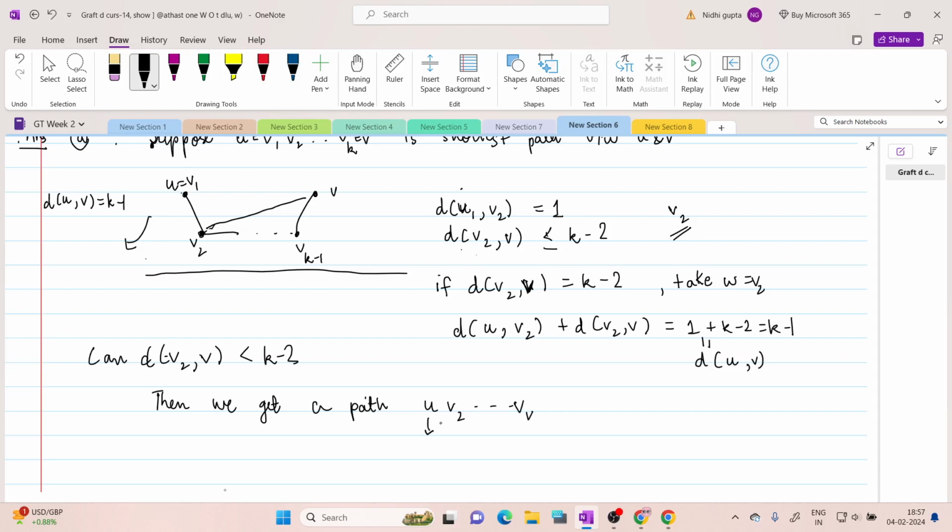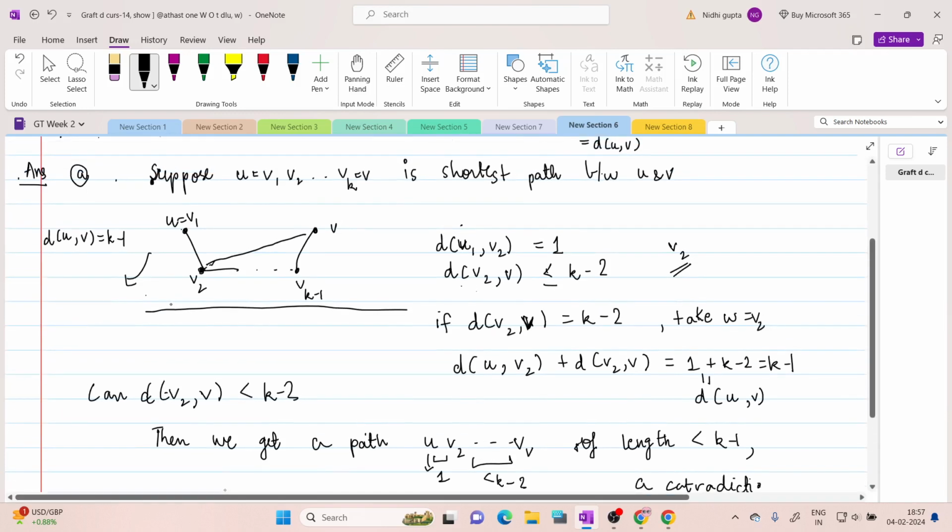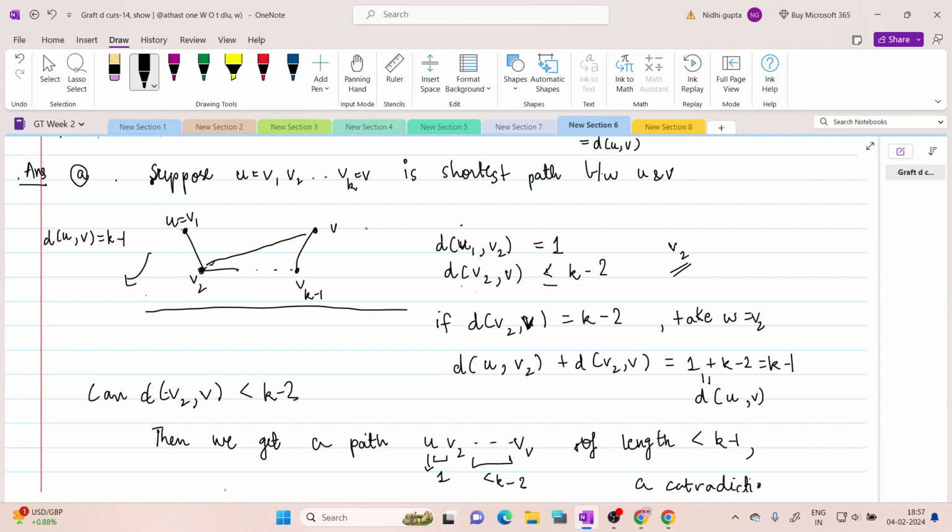The first has length 1, and if the second is strictly less than k minus 2, we get a path of length less than k minus 1, which is a contradiction. So if we just take the vertex adjacent to v1, namely v2, it satisfies this criterion.